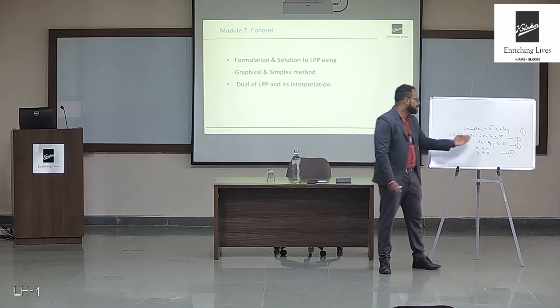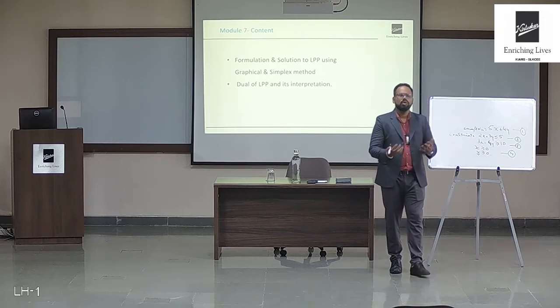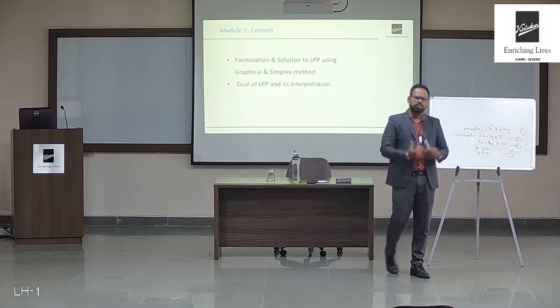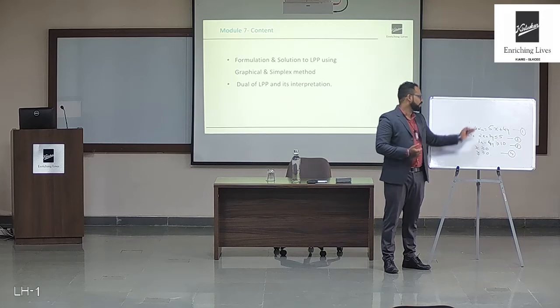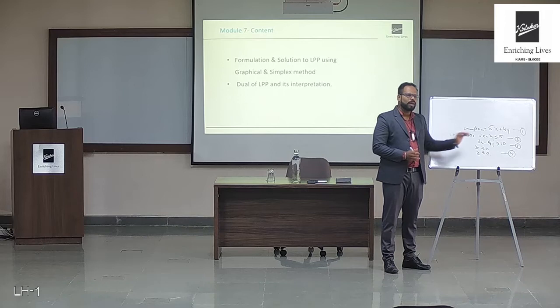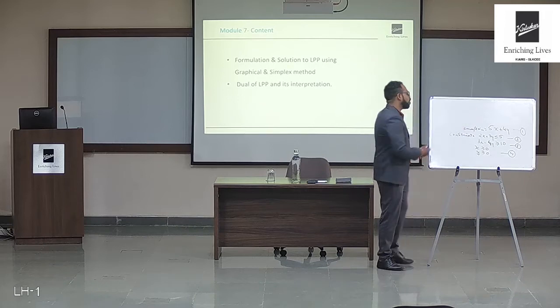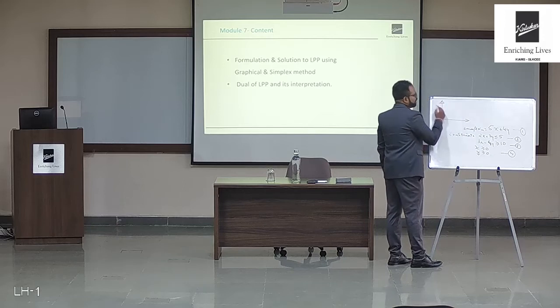This is a linear equation, and linear equations can be plotted on a graph. A linear equation will always give you a line, and from the line you can find out the feasible solution which satisfies your requirement, the constraints, and from that you can find your answer. So your plotting is what we do on the graph. A plotting graph will look something like this. Maybe you will have something going like this.